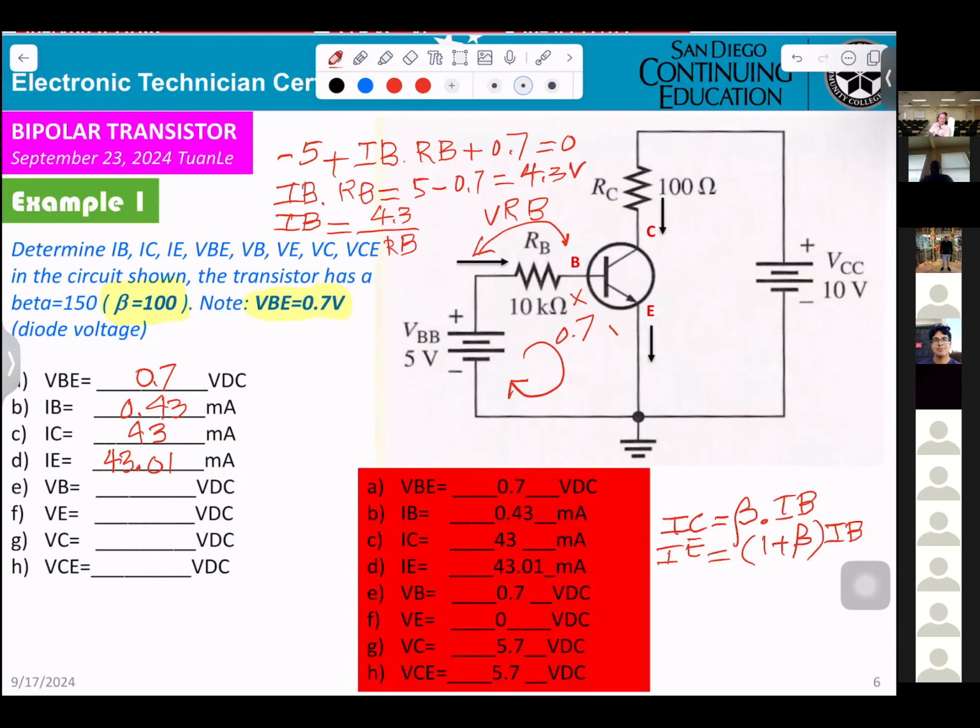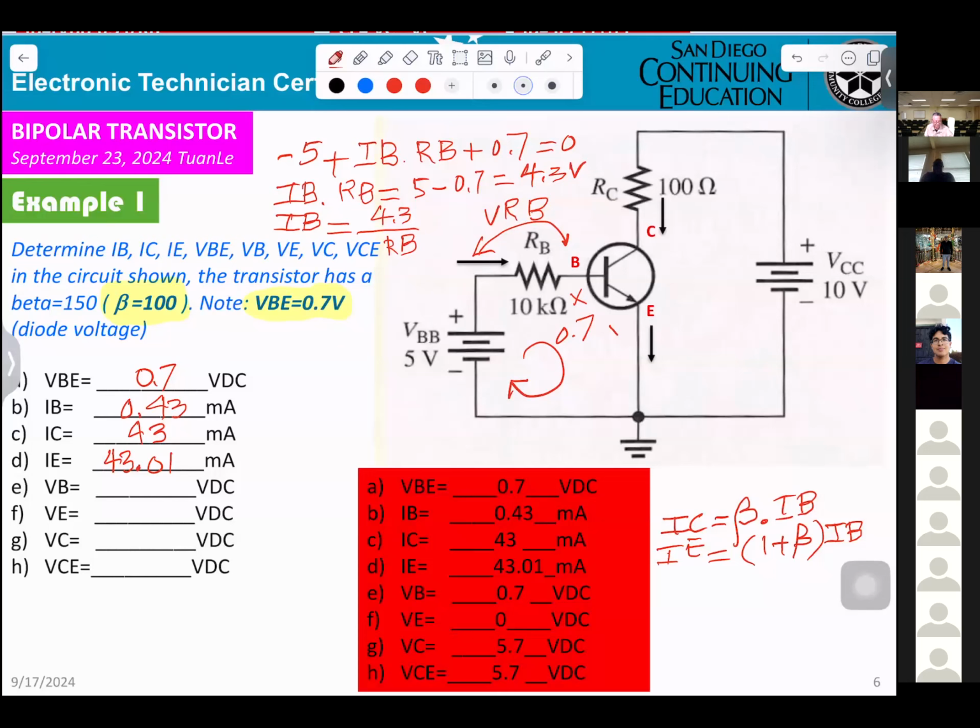So my calculation gave 43.01 milliamp. No, it should be 43.43. It's supposed to be 43.43. Okay, now I also get 43.43.